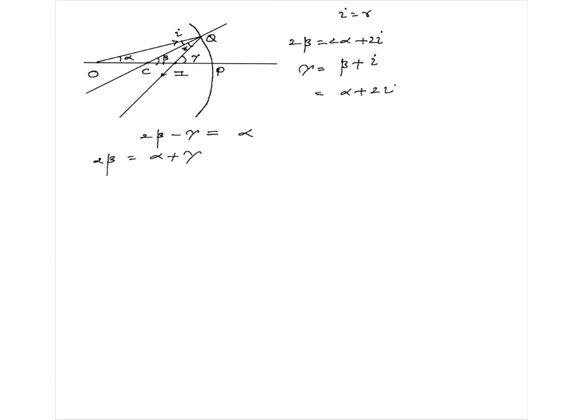Now you will see the importance of the word paraxial. These angles are actually very small, what may look like big. We are considering rays which are close. These angles are small.